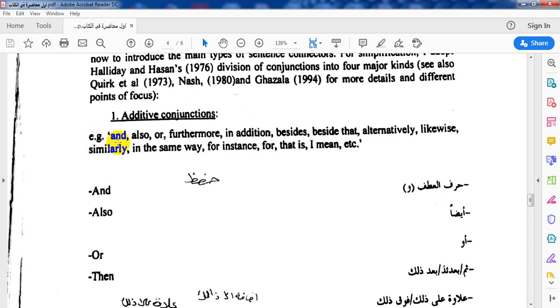For example, we have and, also, or, furthermore, in addition, besides, beside that, alternatively, likewise, similarly, in the same way, for instance, for example, that is, I mean, etc. Yes, we will see them in addition to the translation into Arabic.